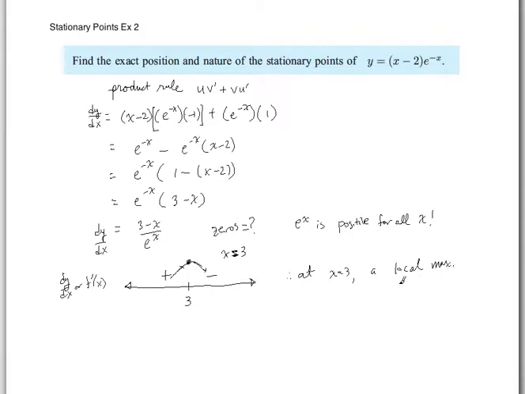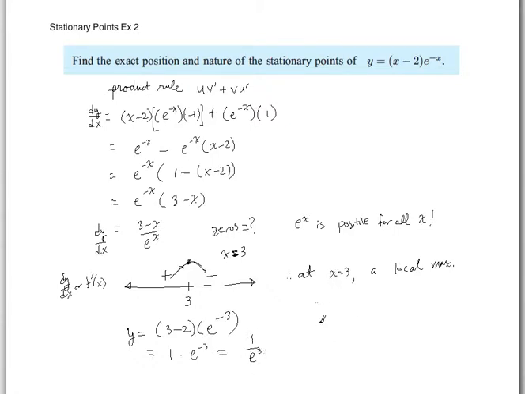All right. Now, what is the actual point? What is the exact position of that point? Well, now we plug this back into here. So to find the y value, y equals 3 minus 2 times e to the minus 3. And if we solve that, that becomes 1 times e to the minus 3, which becomes 1 over e to the 3. And we'll just leave our answer like that.